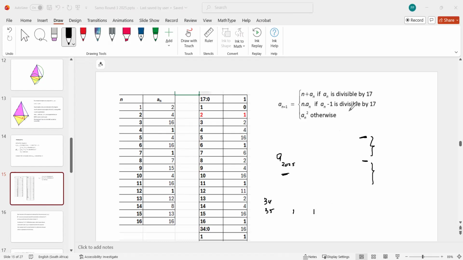Okay, so when the remainder is 1, so this is your an. Now you'll notice that an minus 1, which is 0, is divisible by 17, right? So you're going to have the next term being the product of these two, 1 times 1, right?